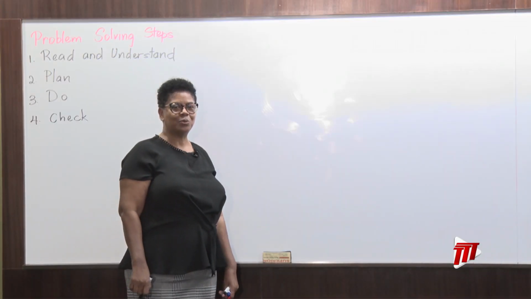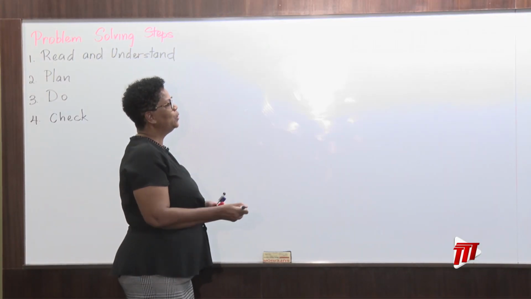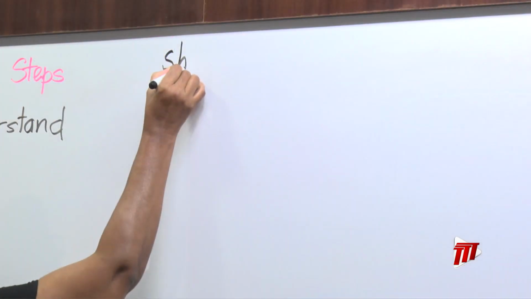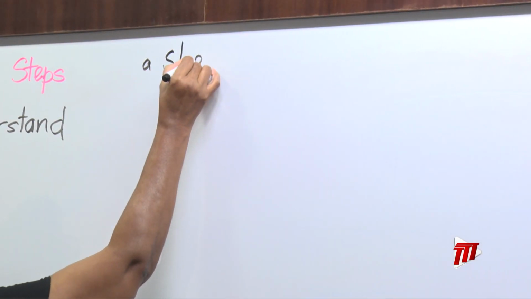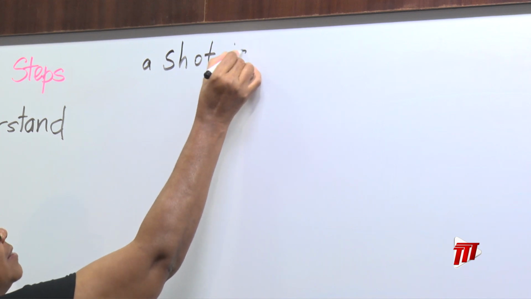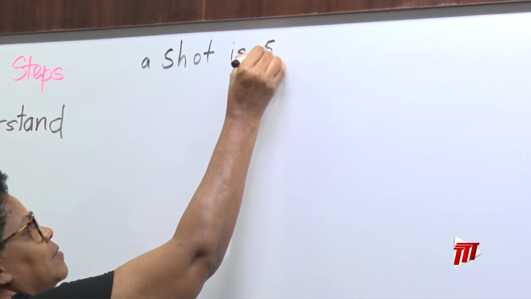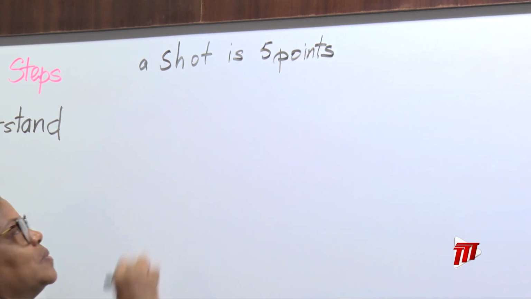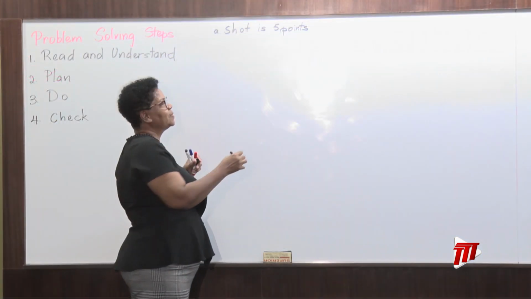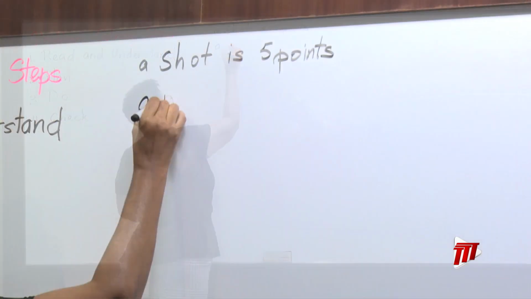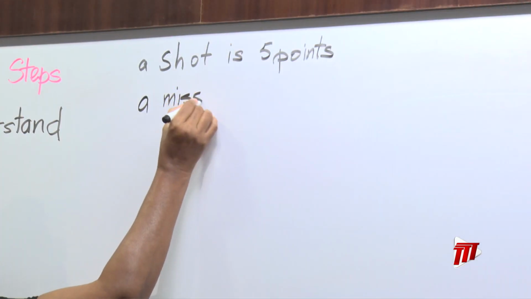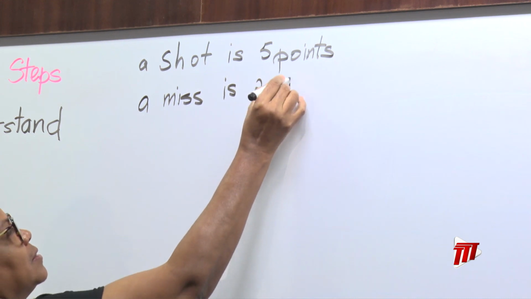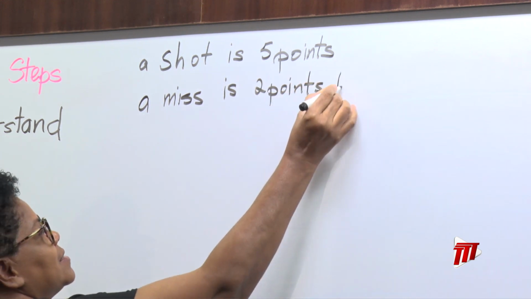So we are going to write what we know. We know that a shot is 5 points. And we know that a miss is 2 points less.